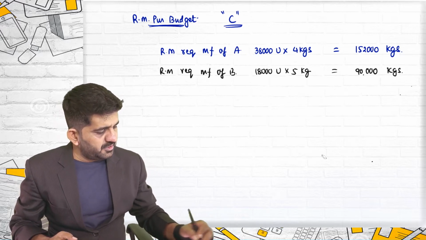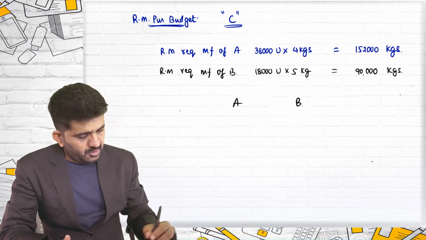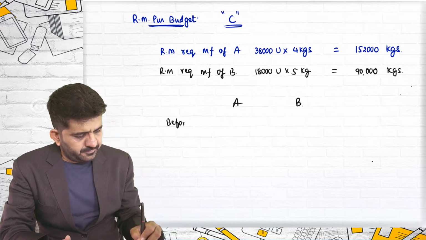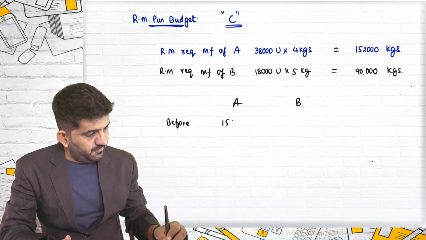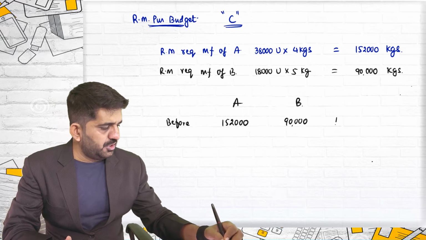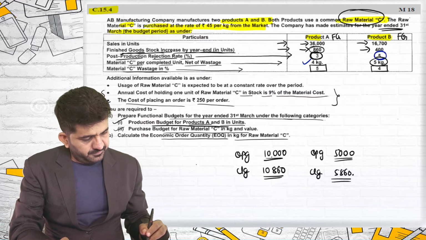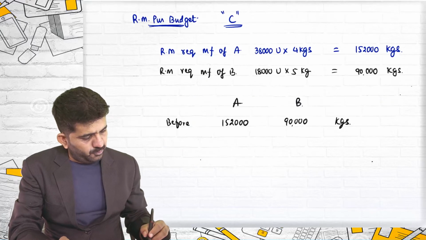So raw material is required for A and B both. Before wastage, it is 152,000 and 90,000 in kgs. What is the wastage percentage? 5% and 4%.